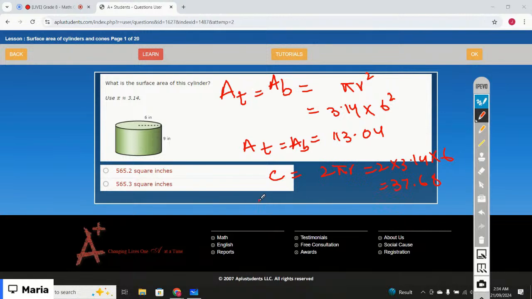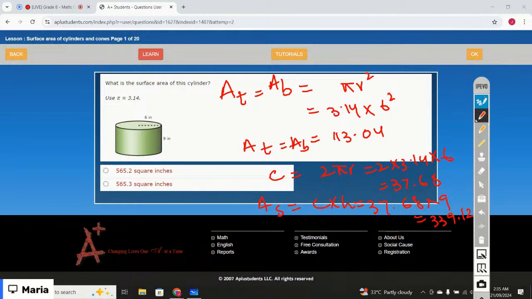For the area of the side, you need to multiply the circumference times height. Circumference is 37.68 and height is 9. So 37.68 times 9, that is 339.12. So now you have the area of top, area of bottom, and the area of side.